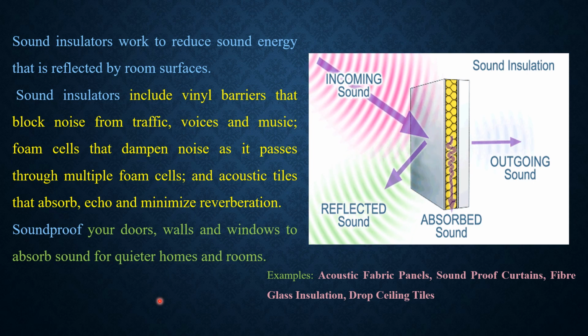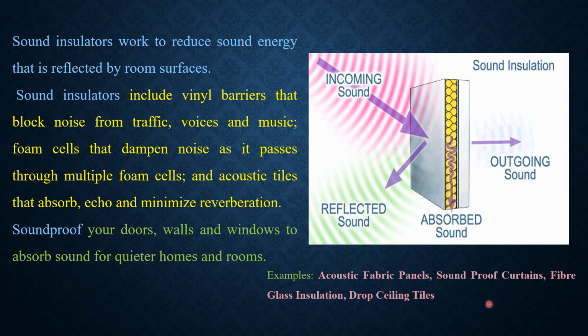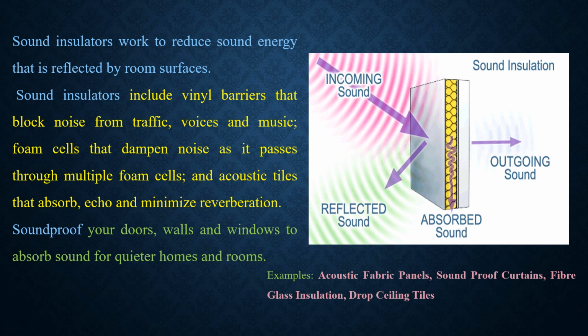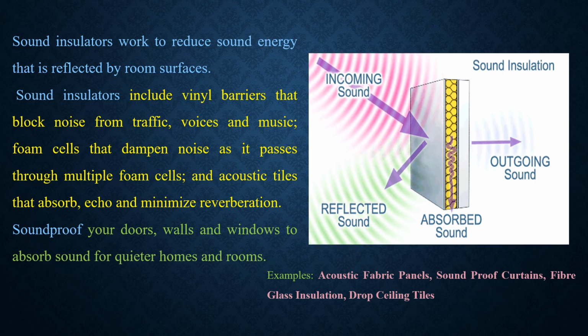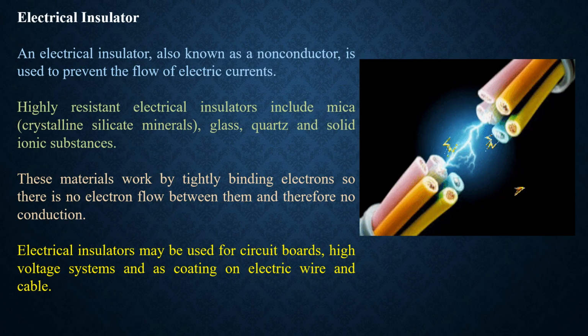Soundproof your doors, walls, and windows to absorb sound for quieter homes and rooms. Examples of sound insulators are acoustic fiber panels, soundproof curtains, fiberglass insulation, and drop ceiling tiles. So this will be the last segment of insulators, electrical insulators.